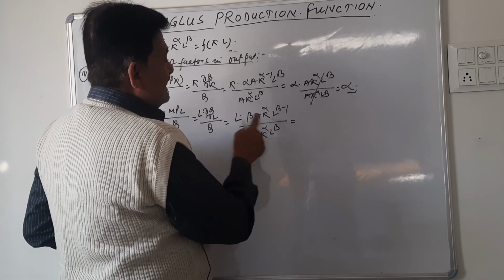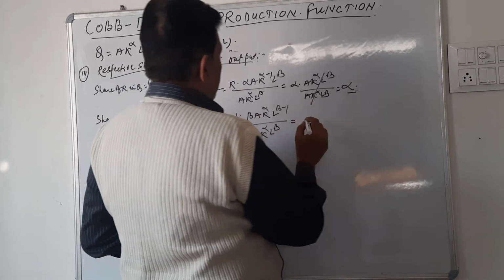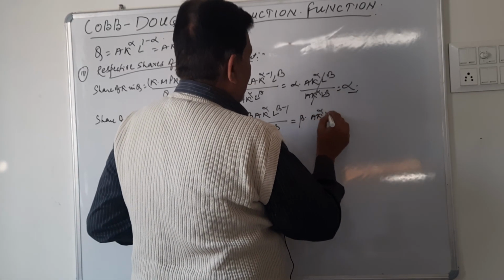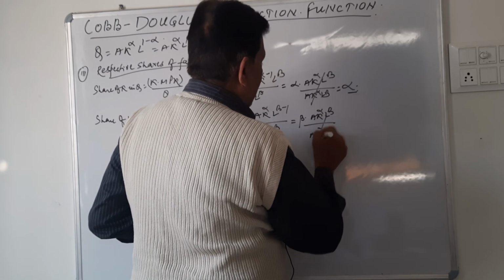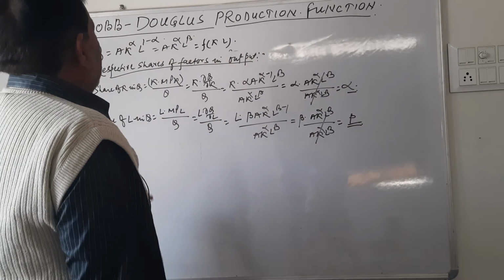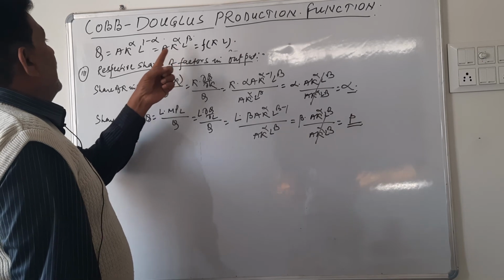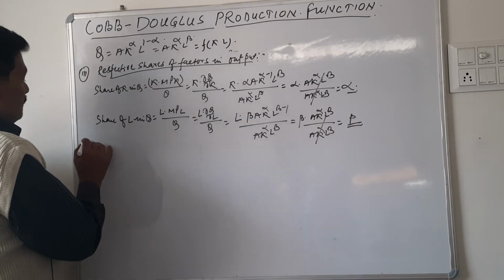This L is taken to that side, so this minus sign will vanish. So beta into A K alpha L beta, and here we have A K alpha L beta, and hence it is beta. So one of the final results of Cobb-Douglas is that the respective powers of capital and labor are their own shares in total output.